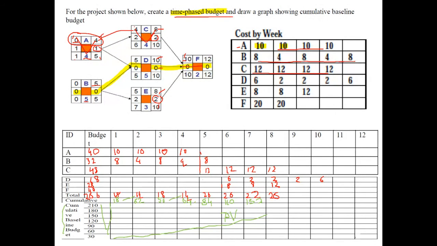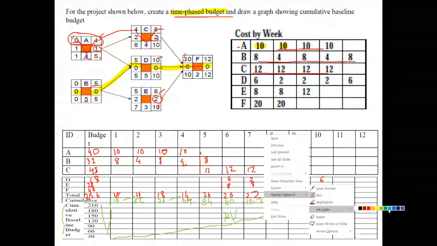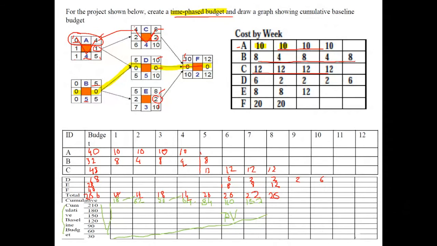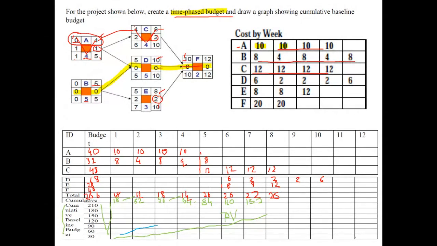And once we are executing a project, we always compare ourselves. So for instance, if my project is going like this, I can immediately see that I am overspending on my project because it's going much higher.